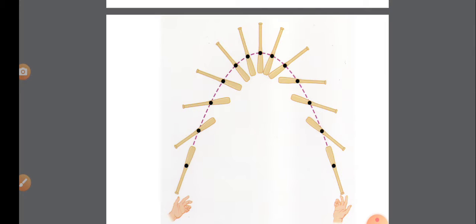This diagram shows that when a body is thrown in an upward direction, the body will be in motion at different points, but the center of mass of that body moves along a single path.